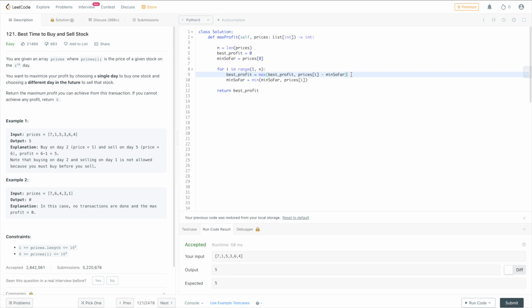So we just take the maximum of the best profit we had initially and the current profit of that day, right? So prices of i, that's just the current selling price, and min so far is the minimum buying price. So this is the best that we can do at day i, right? So we make that update, and then we also update the minimum buying price that we've seen so far.